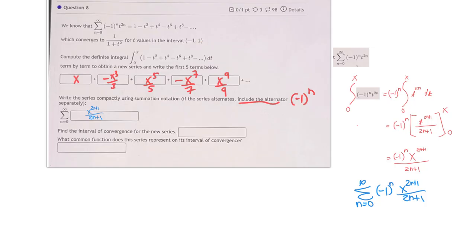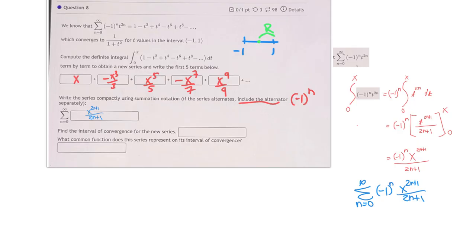So when you do a term by term integration, it should keep the same radius of convergence. Now let's remember the radius of convergence. You have 1 over here, you have -1. The radius is the distance from the center to the endpoint. So when you perform term by term integration on this original scenario, you will always keep the same radius of convergence. However, after integrating, this is what the professor is testing you on.